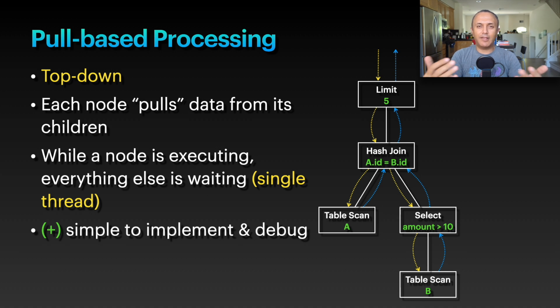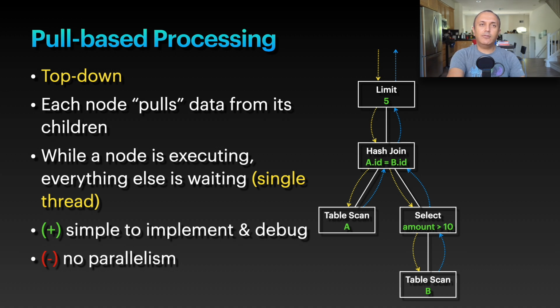It's as simple as tracing into some function calls and then returning from those function calls. There's nothing complicated about it. It's just regular function call tracing. The disadvantage is that it does not have any parallel processing. At any point in time, just one node is active and doing some work while the others are idle. So this is the trade-off between simplicity and performance.